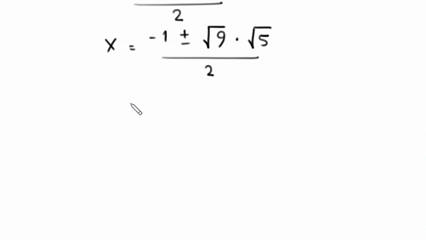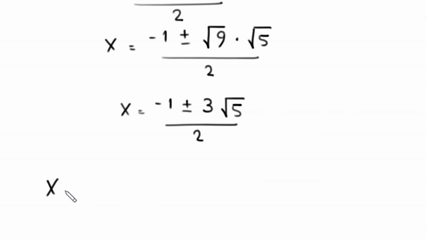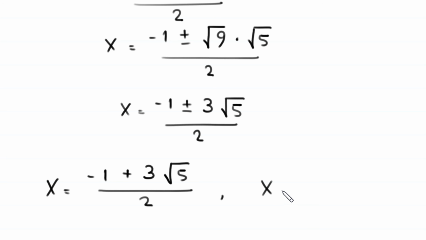And this simplifies to x is equal to negative 1 plus minus 3 times root 5 divided by 2. It means that x is equal to negative 1 plus 3 times root 5 divided by 2, and x is equal to negative 1 minus 3 times root 5 divided by 2.